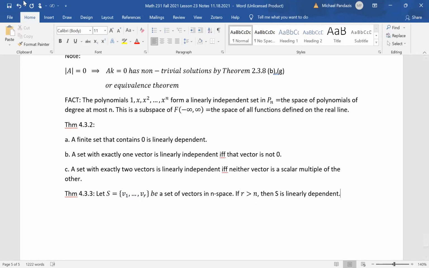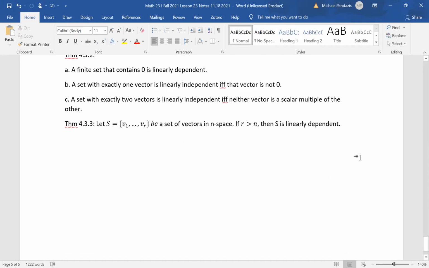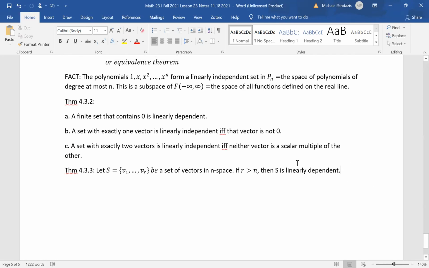Okay, so these theorems are providing shortcuts for determining whether or not sets are linearly dependent or independent. Sometimes you have to just go by the beginning stuff. Sometimes some of these conditions happen, and you very quickly see that it's linearly independent or dependent. Anyway, this set of vectors is a set of vectors in n space. If you have, let's say, vectors in 3 space, and you had 100 of them, okay? If you had 100 vectors that had 3 components, then you would say that set is linearly dependent.